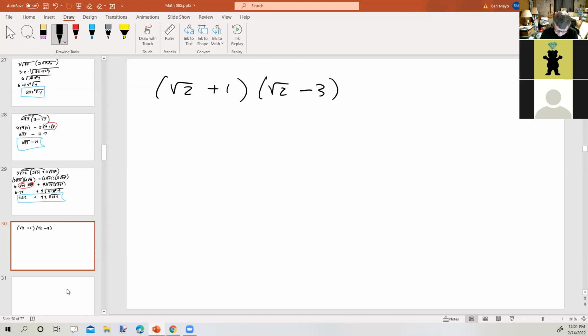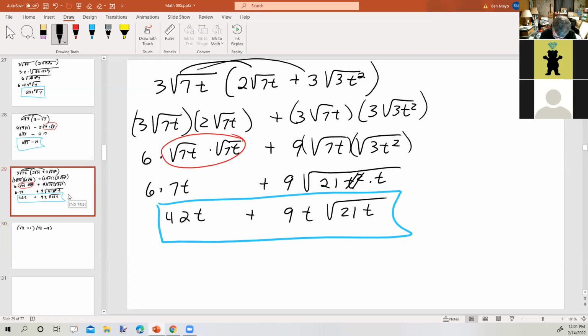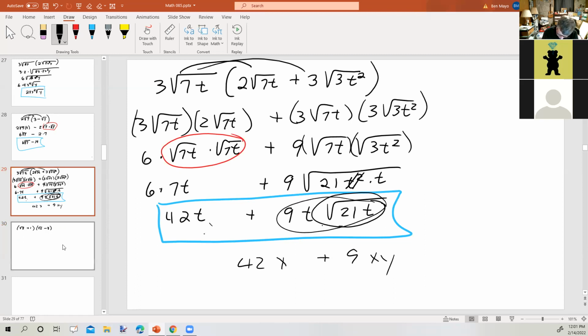So on that last one, we wouldn't add the 42t and the 9t together. That's like 42x plus 9xy, because it has the square root of that in there.